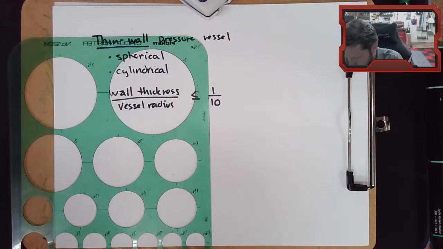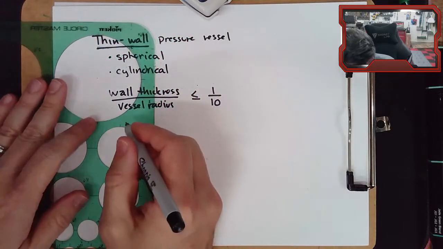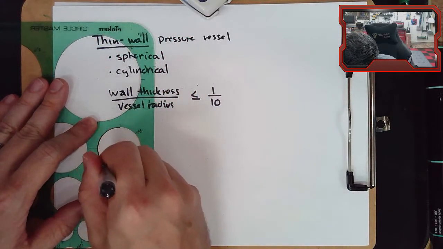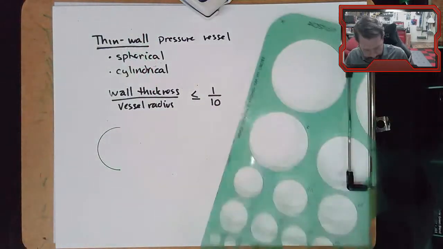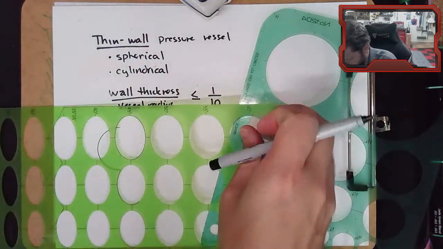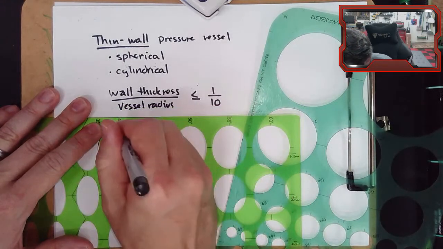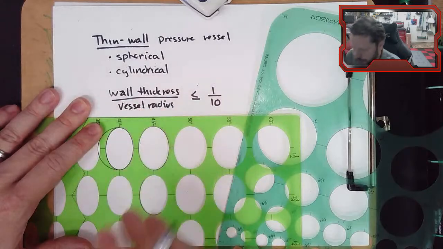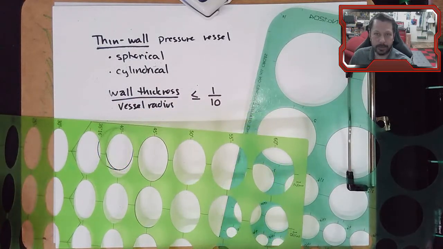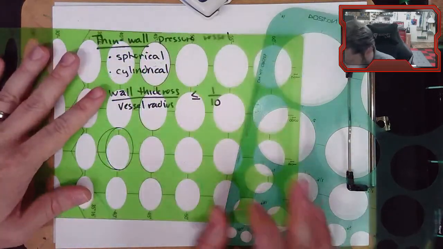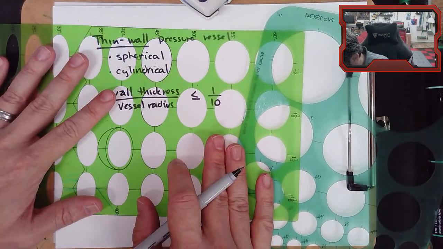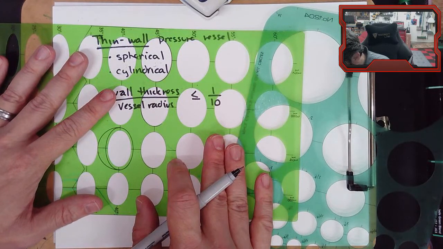So you would have something like this. There's half of our sphere. Let's put an opening on it here, sort of like this. Now I'm going to draw it with relatively thick walls just so we have something to look at. But remember, it is a thin wall pressure vessel.